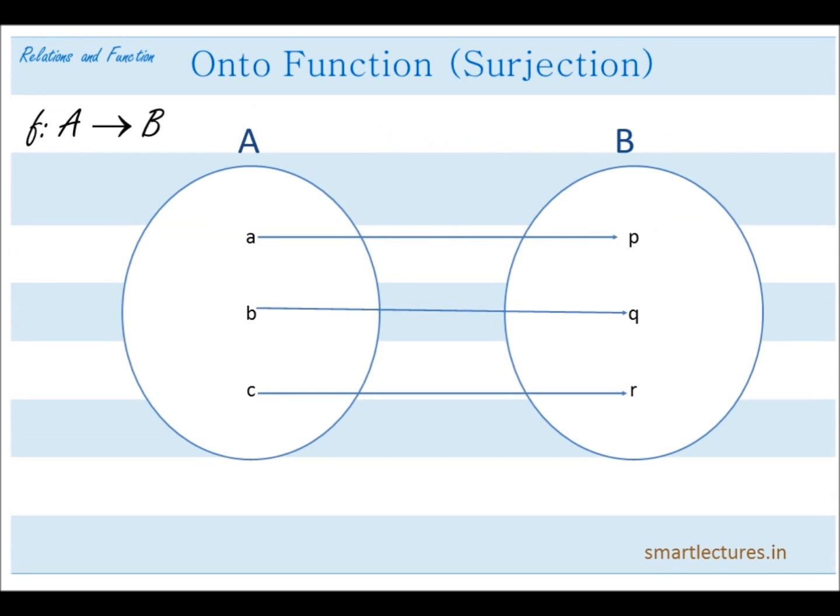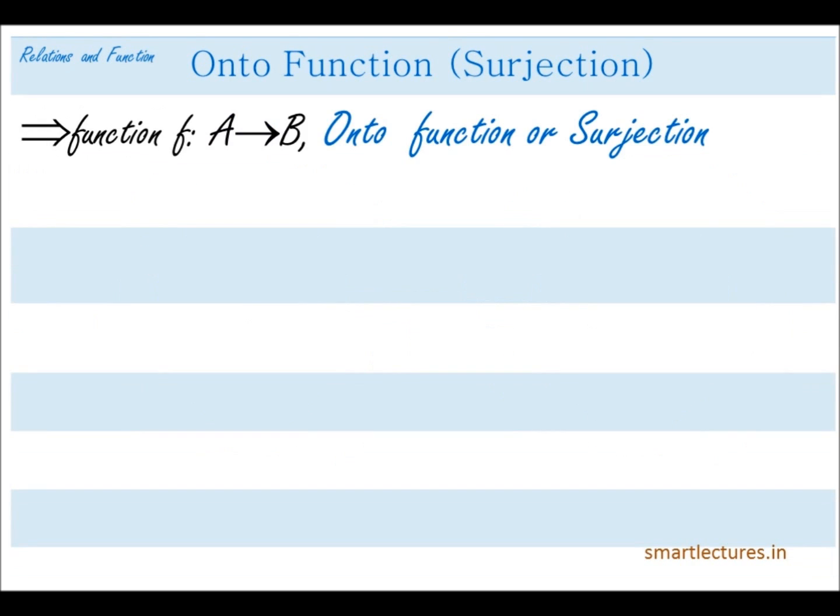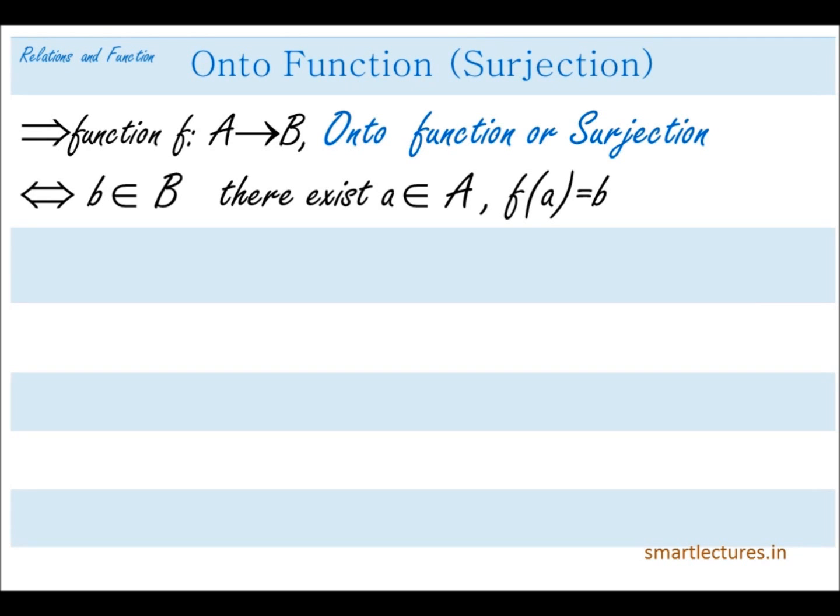Like in the diagram, you can see all elements of set B, P, Q and R, are the image of some element in set A. Or we can say every element of set B is associated to some element in set A. Or we can say a function f from set A to B will be an onto function or surjection if and only if for every element b in set B there must be some element a in set A where the value of f(a) is equal to b.